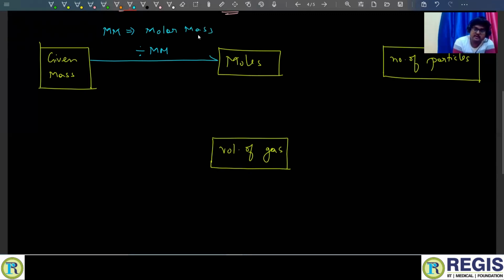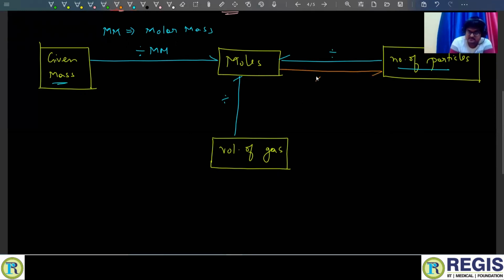So always remember, when something is given, suppose mass, number of particles, or volume of gas, whatever is given, you convert it to moles, which means always divide. Always division. And moles to anything, always multiplication. Is it clear? Now, if moles are given and you have to find mass, you multiply by M, the molar mass.